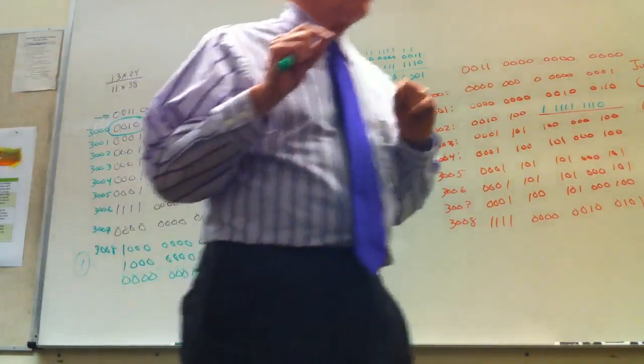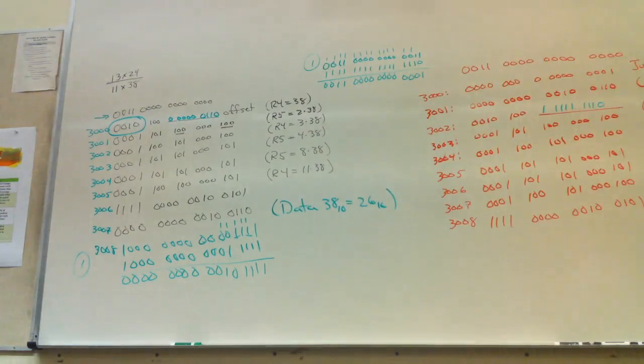The two's complement scheme that we have for representing negative numbers, I don't know if he showed you this or not, but there are several other schemes that can be used for representing negative numbers. You can implement them in software and work with them that way if you want.